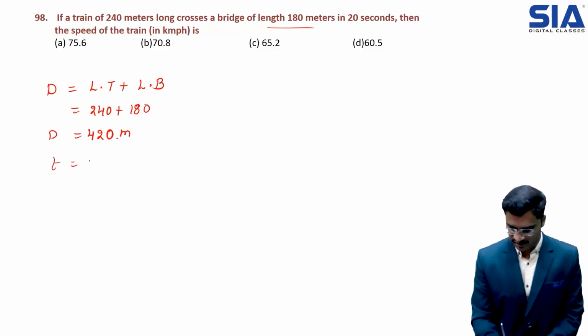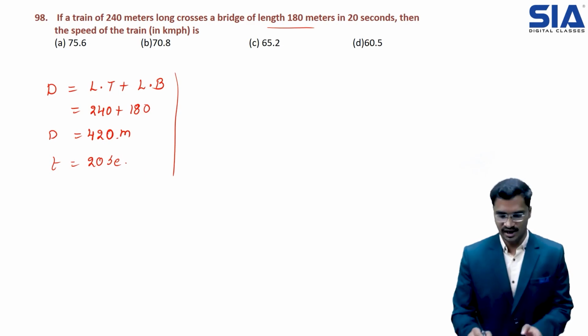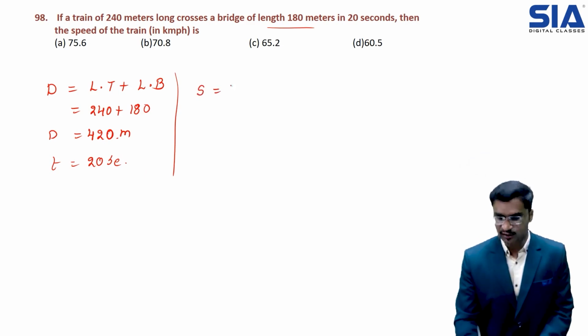Then time given here is what? Time is 20 seconds. So after applying the formula, I can find the value of speed, which is, we know that speed is equal to distance upon time. Here the distance is 420 divided by time 20. So 0 gets cancelled. 2 2s are 4, 2 1s are 2.